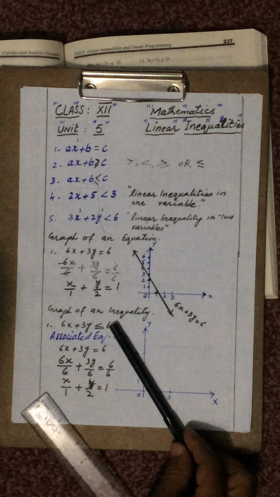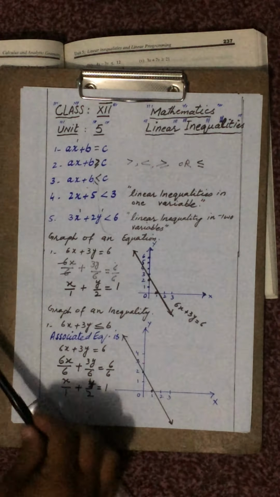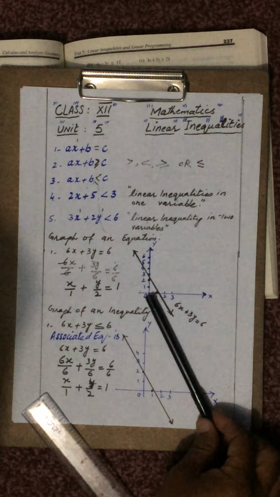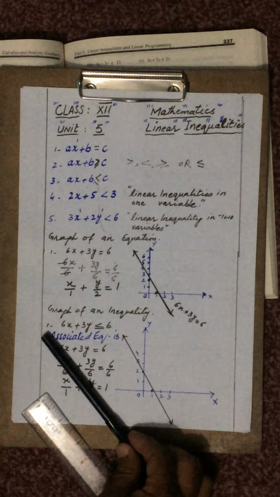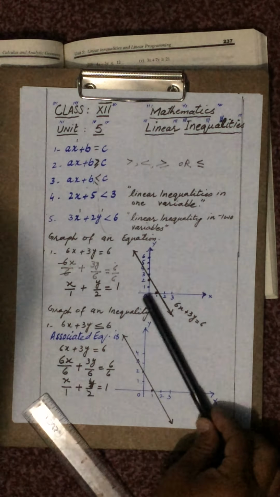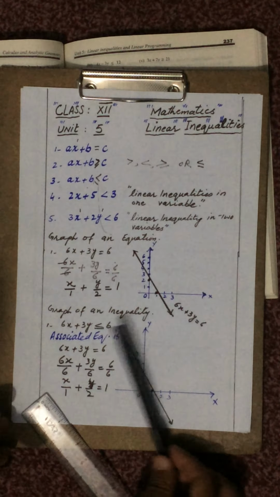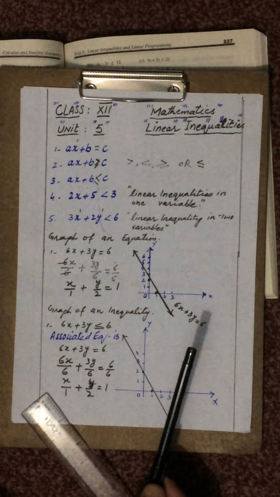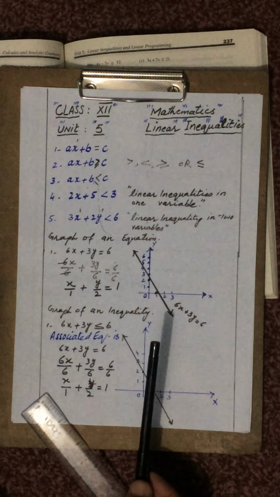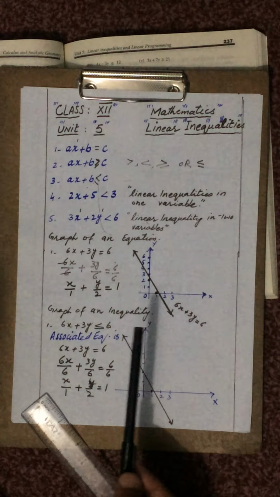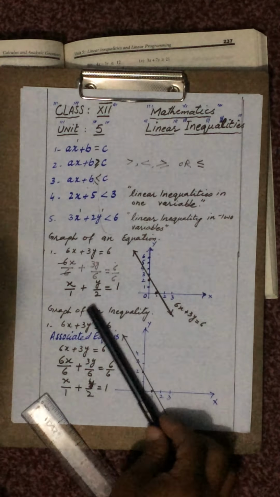This is the line, this is the whole plane. The graph is either this side or this side. This is one half plane, this is the other half plane, and if we join these two half planes we get the whole plane. So the graph of this inequality is either this side or this side.